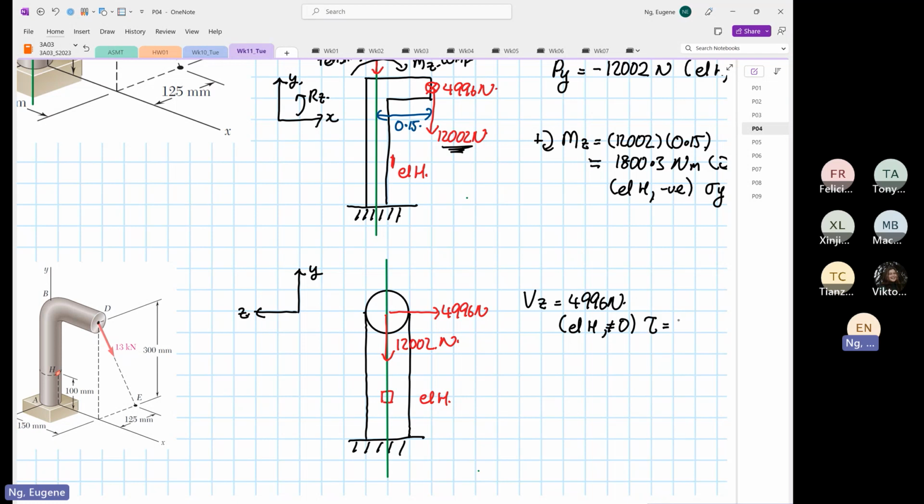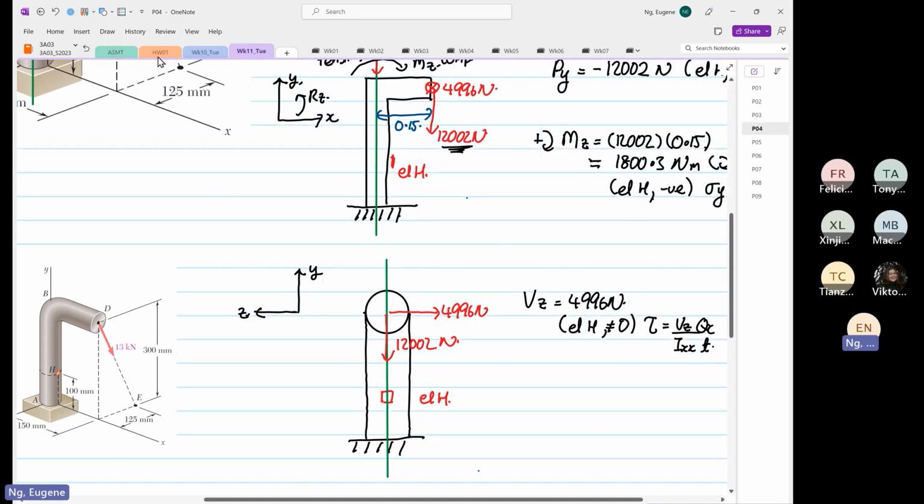The shear stress is equal to VZ over Ixx, Ux over T. So it's not going to be equal to 0. If it's on the surface, on the furthest distance away from the centroid, then it will be equal to 0.